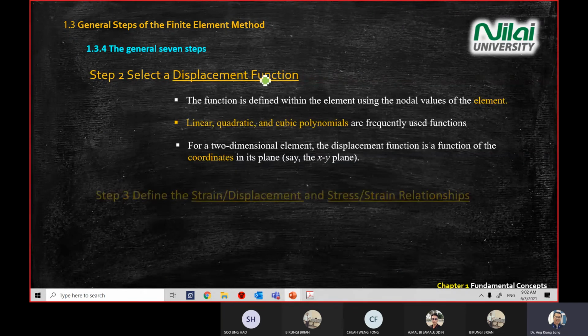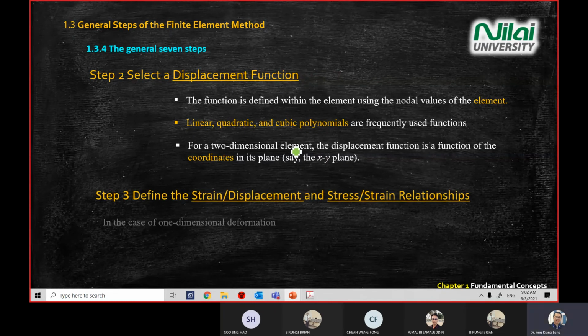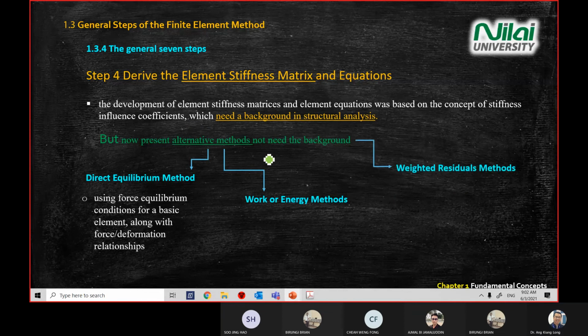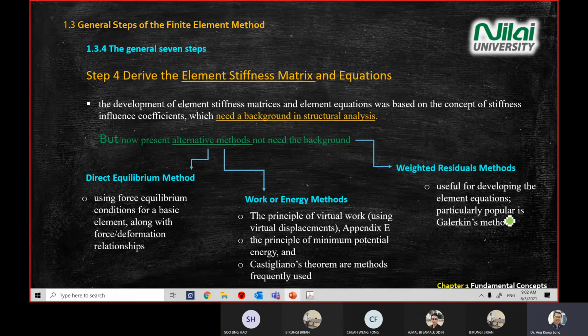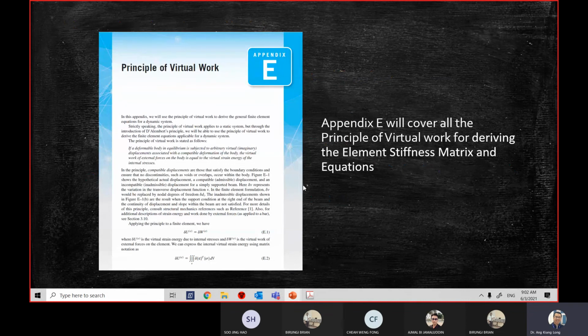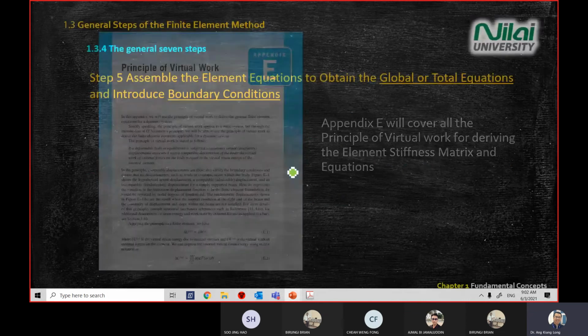Step 2, you call out the function for that particular case, and each chapter will have the specific equation. Then you solve for the strain-stress relationship. Then you solve for the matrix. So this one you can read on my slides. Again, download Appendix E, read through.